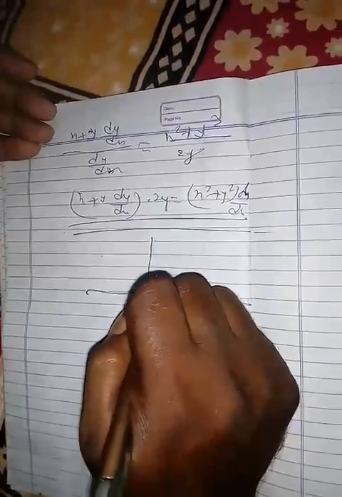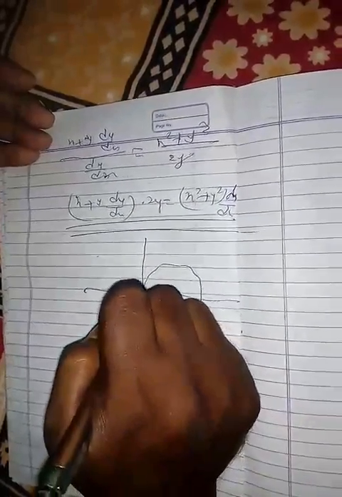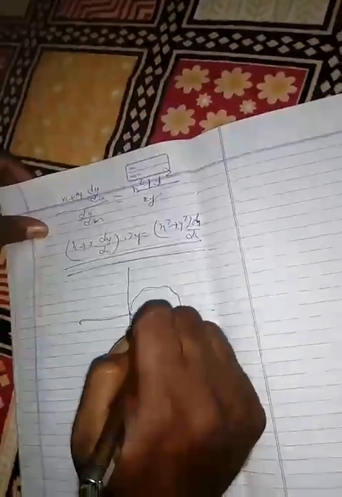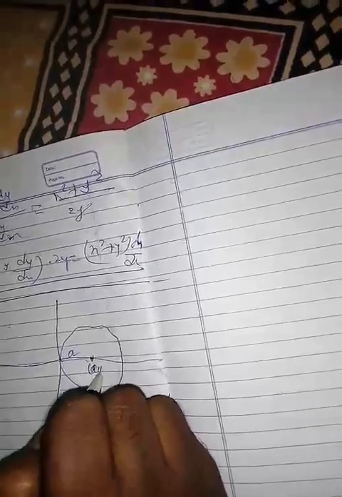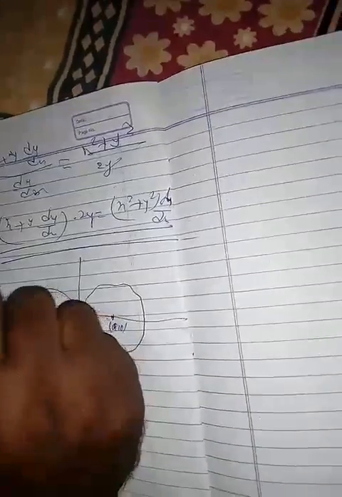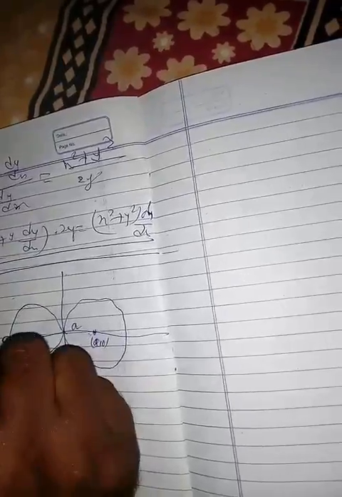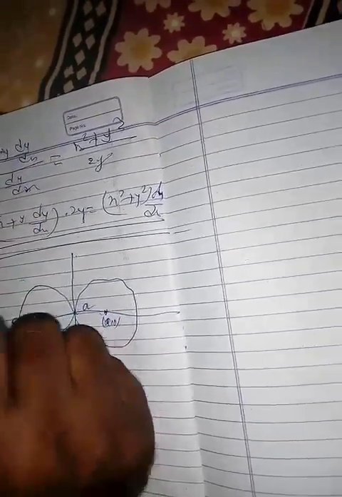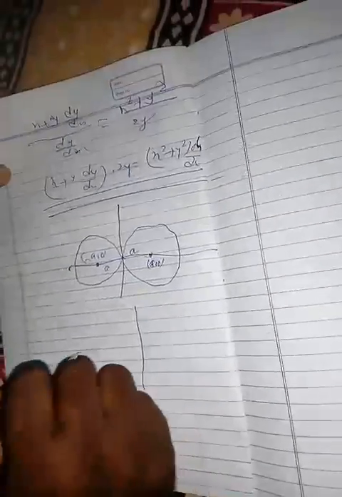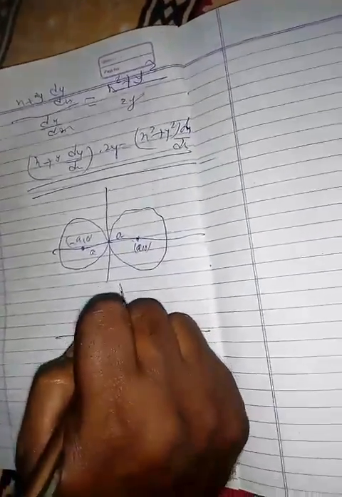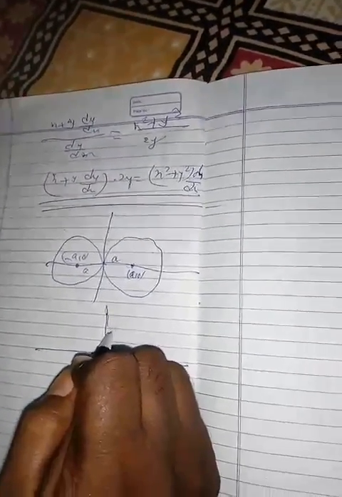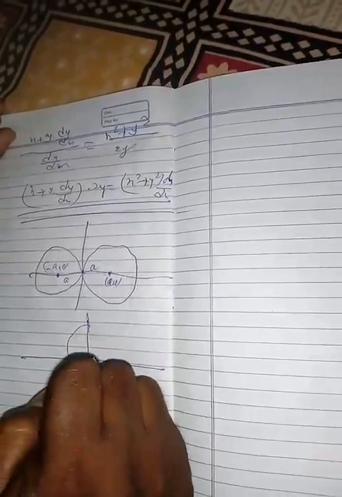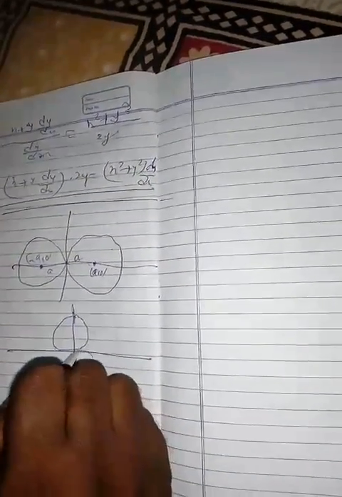Suppose the circle passes through the origin; the center of the circle with radius a is (a, 0), or the center is (minus a, 0). Or the circle passes through the origin above the x-axis in this type, or below the x-axis in this type.